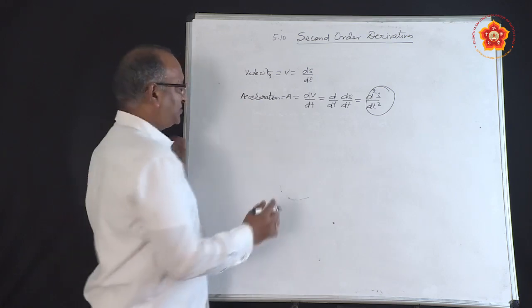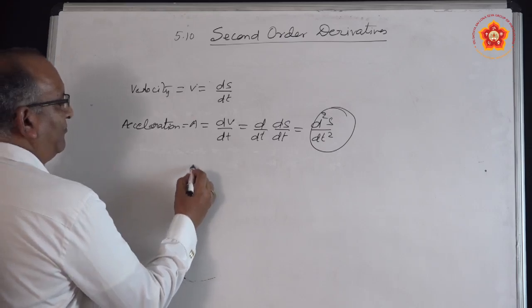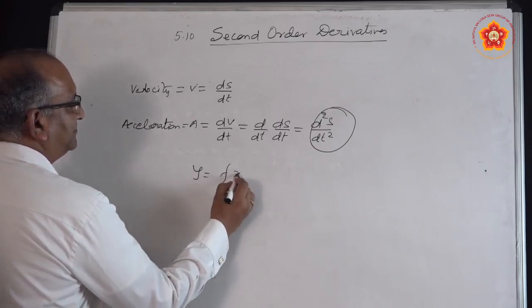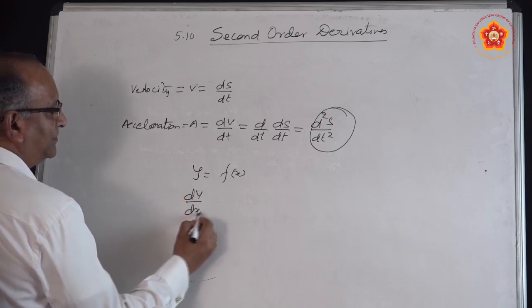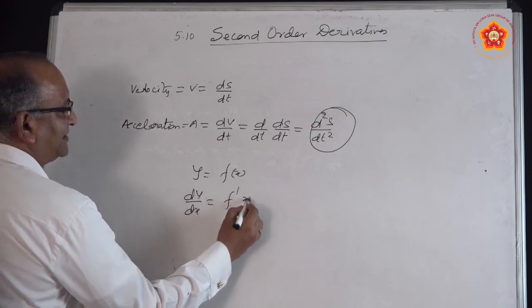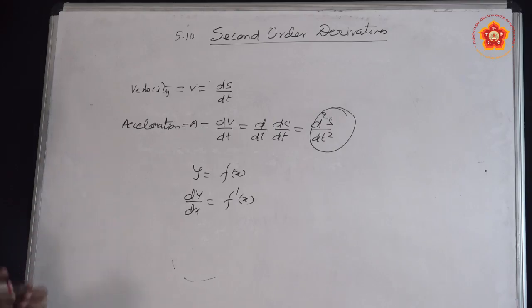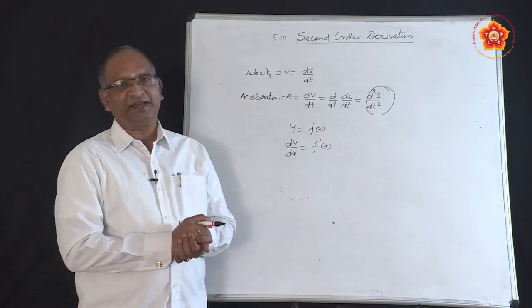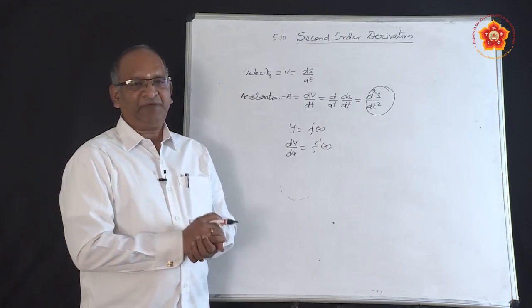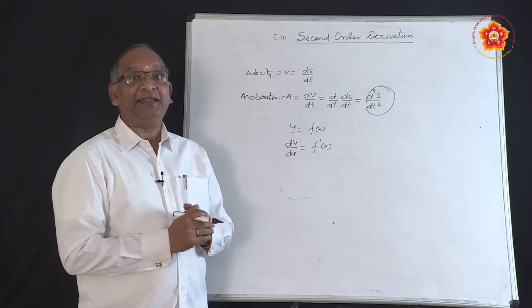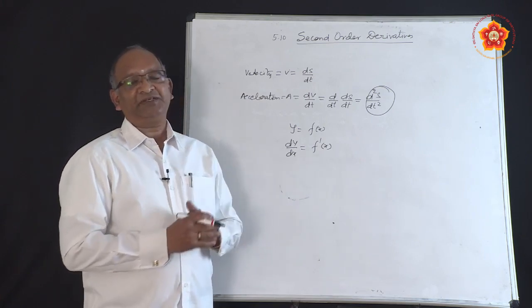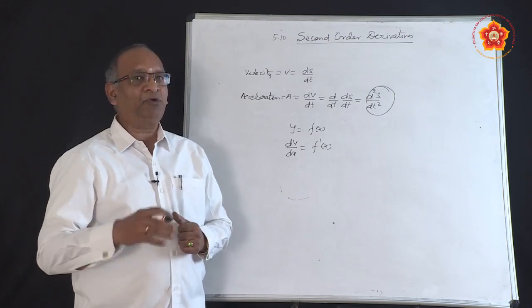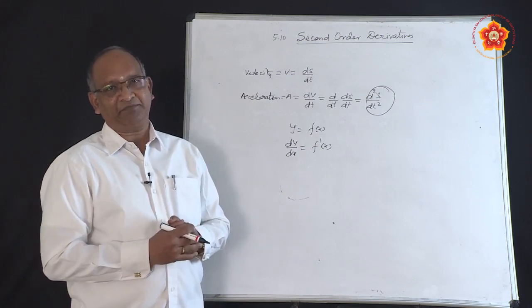Whenever there is a function y equal to f(x), when we find dy by dx, we call it f dash x, or first derivative. It is not necessary that after differentiating the first time you are able to differentiate the function a second time.